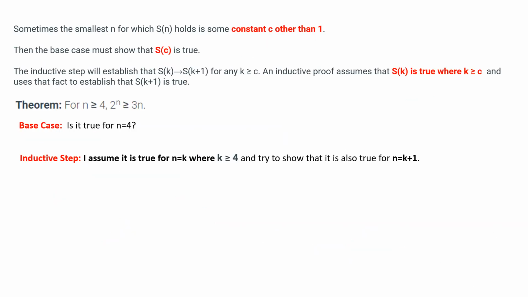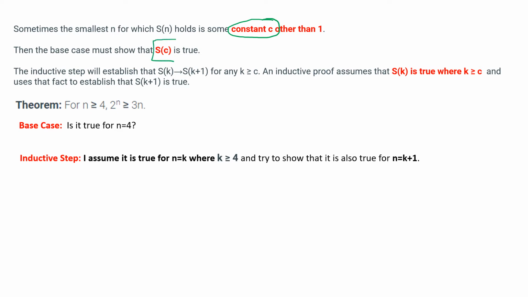Now, sometimes we're trying to prove that something is true for all n greater than or equal to some other number besides 1. So maybe we're not saying it's true for every value greater than or equal to 1. Maybe some statement is true for every value greater than or equal to 3. What they're saying here at this point in the book is that if we're only trying to prove it holds for some constant c other than 1, then our base case changes, right?